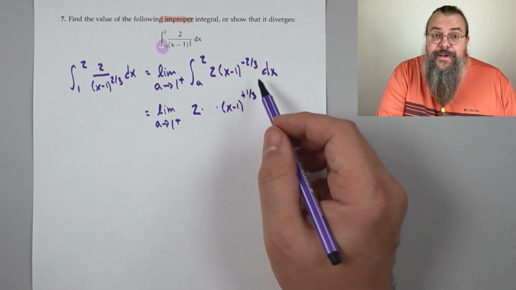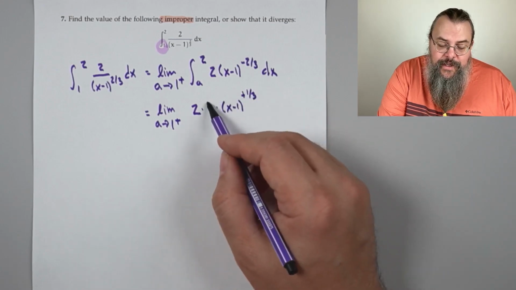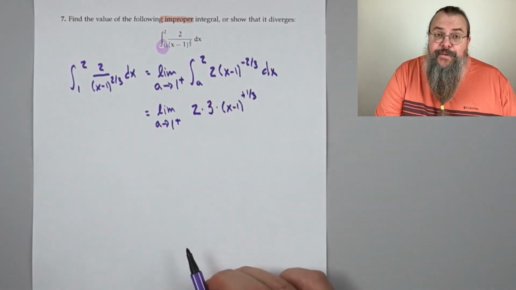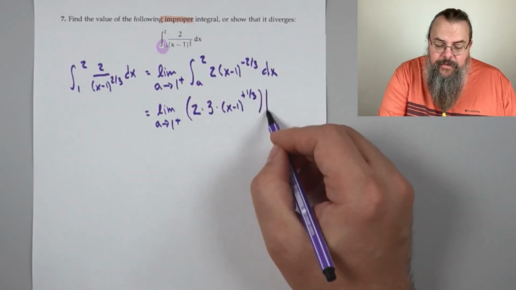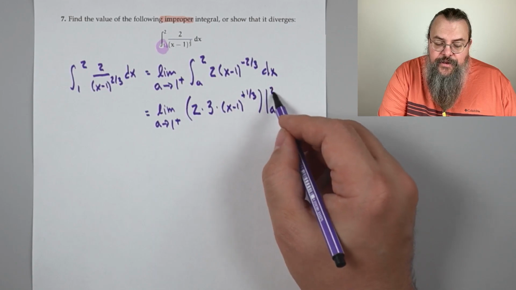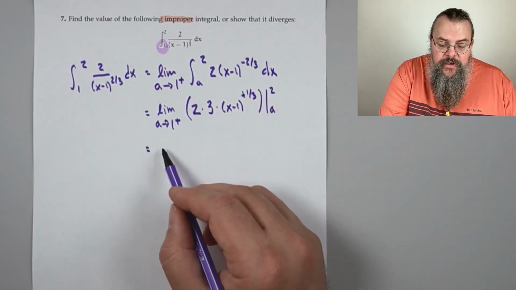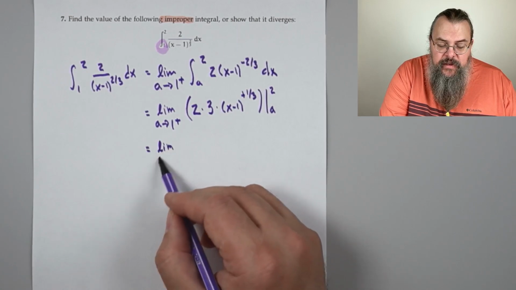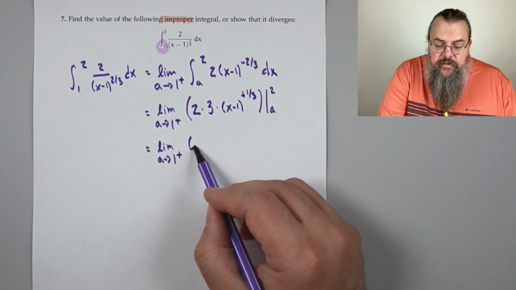Negative 2/3 plus 1 is 1/3. Divide by 1/3. Well, that's the same as multiply by 3. And here we're going to evaluate from a to 2. All right. So this becomes the limit as a approaches 1 from above of 6.